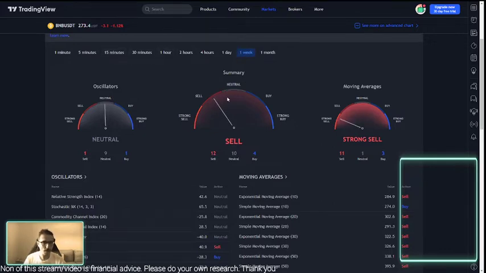So on the summary that we just saw before, we're gonna put what TradingView says: if it's sell, we're gonna go for light bearish, strong sell for bearish, buy light bullish, and strong buy for bullish.